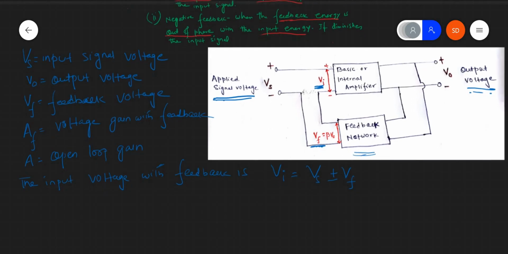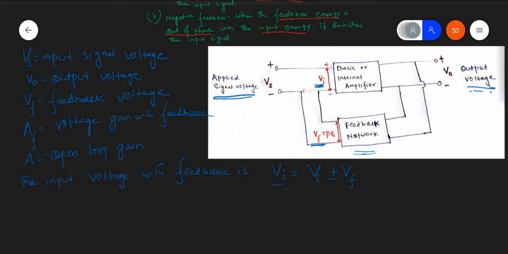So the input voltage is the combination of Vs and Vf. We'll be considering the negative feedback case, that is Vs minus Vf. For negative feedback, input voltage will be equal to Vs minus Vf. This is equation number 1.